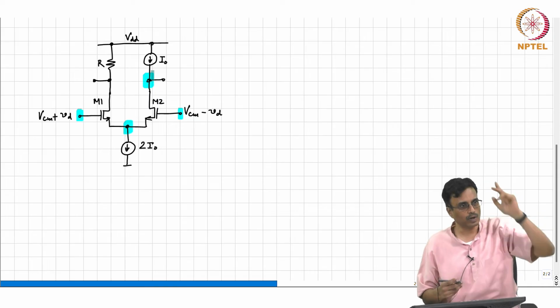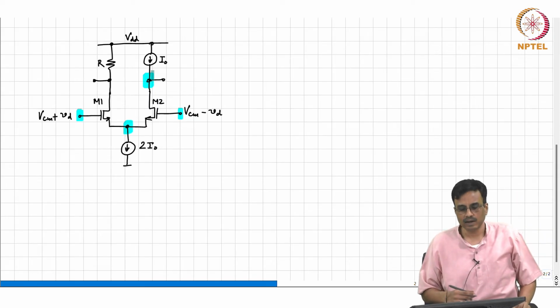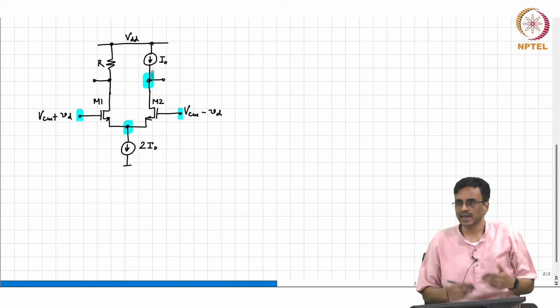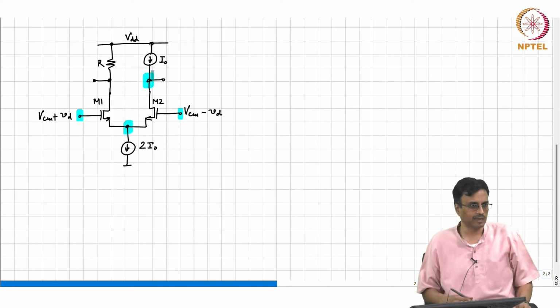So, that node potential will go up, right, and if M2 and M1 have infinite output resistance, then the incremental gain is going to be infinite, correct. Okay, this is exactly similar to what you would see with the common source amplifier with an active load. Is that clear?